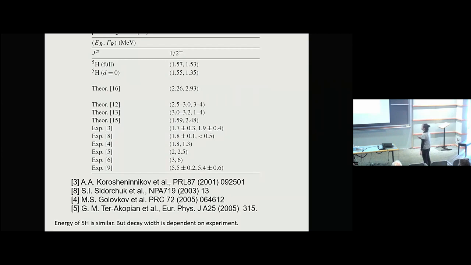After that, they measured in experiments like this: this one is the energy with respect to the triton plus 2 neutron breakup threshold, and this one is the decay width. You can see that the energies are almost similar to each other. However, the decay width depends on the experiment. This is the current situation of hydrogen 5.